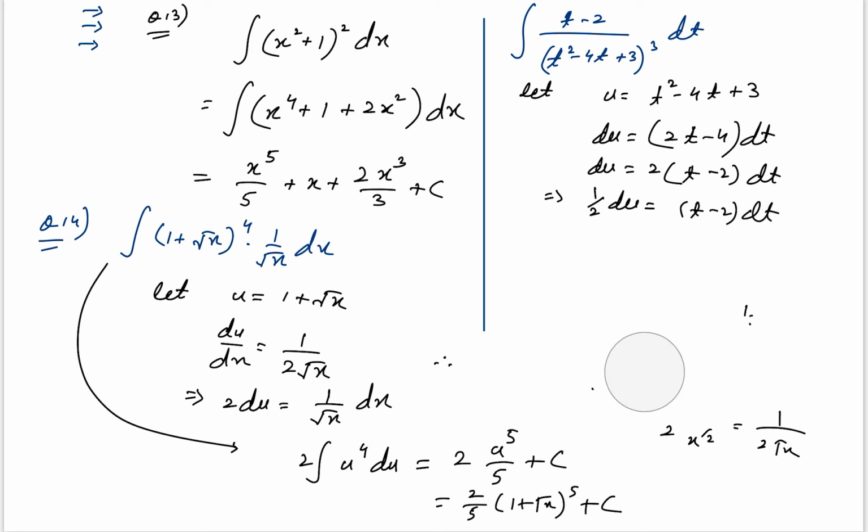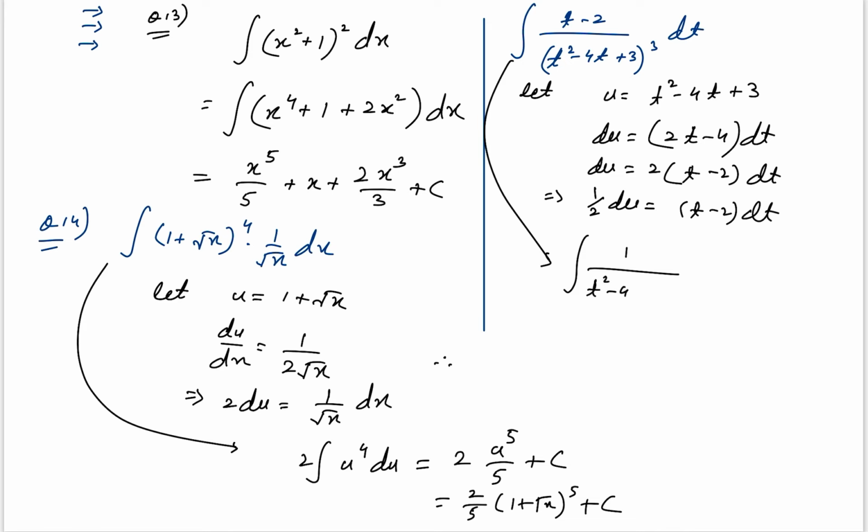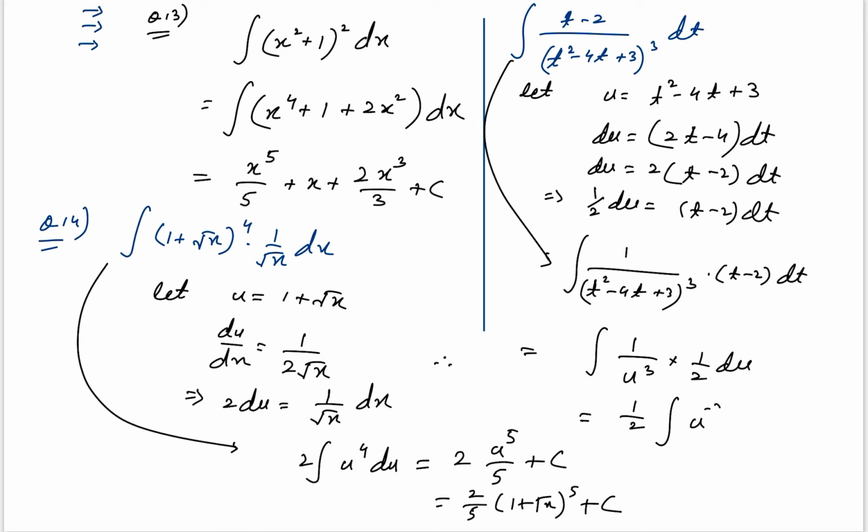So now if I replace the whole question using u, it will be 1 over t square minus 4t plus 3 whole to the power 3 dot t minus 2 dt. So this will be written as 1 over u cube multiplied by 1 over 2 du. So this is 1 over 2 and u to the power minus 3 du.